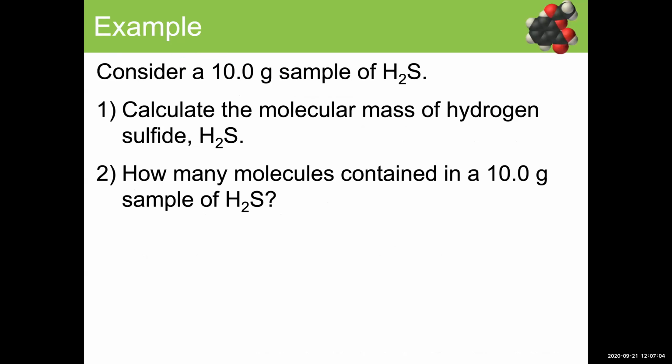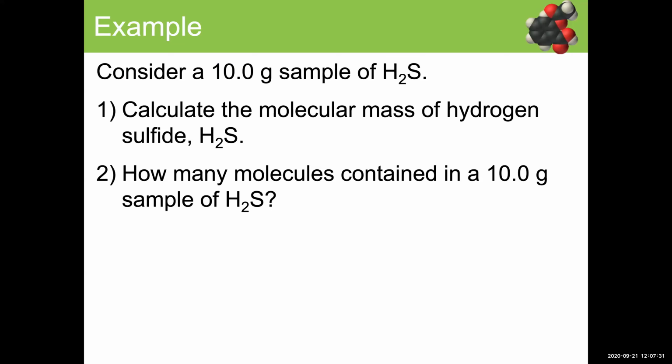Okay, so let's do an example here. If we have 10.0 grams of hydrogen sulfide, H2S, how would we calculate the molecular mass, the molecular weight of hydrogen sulfide? What would we do? We figure out the atomic weight of sulfur and hydrogen and add them together.